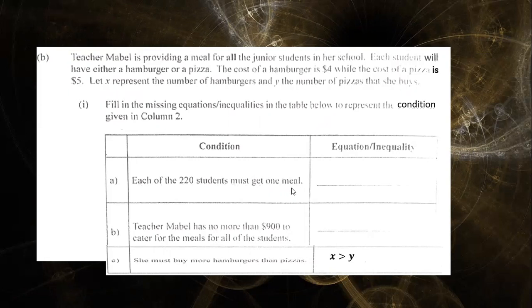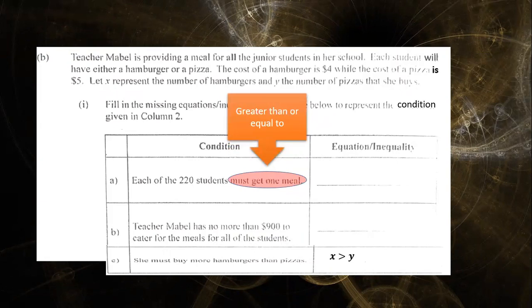That can be interpreted as everybody gets exactly one, but to be on the safe side, we're going to look at must get one meal as greater than or equal to, right? So that inequality actually wouldn't be an equation, it's going to be an inequality. It will be of this construction.